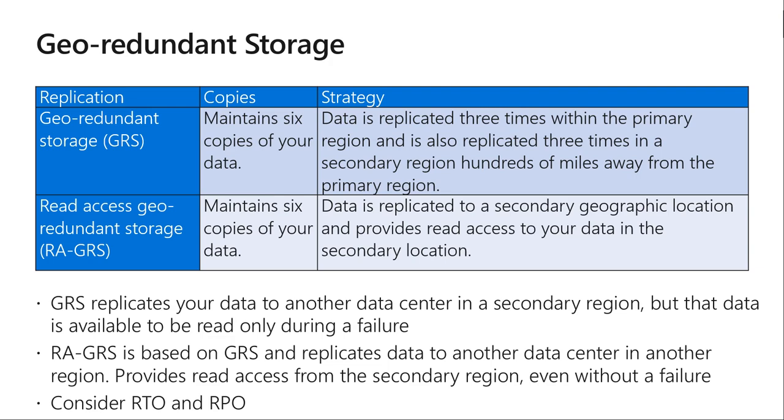The RA-GRS replicates your data to another data center in a secondary region and also provides you with the option to read from the secondary region. So with RA-GRS, you can read from the secondary regardless of whether Microsoft initiates a failover from the primary to the secondary. So here, you should have a clear mind that Microsoft manages your failover, but you cannot access it unless you choose the read access. I think that makes sense.